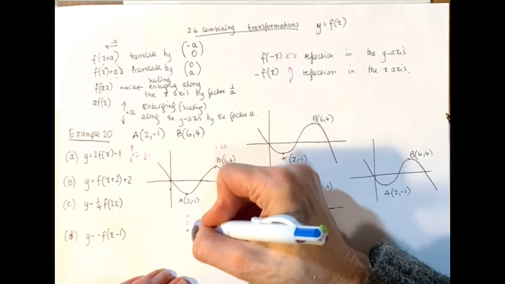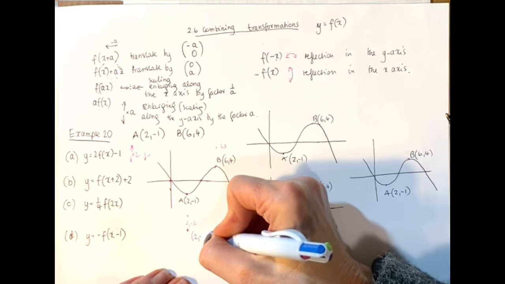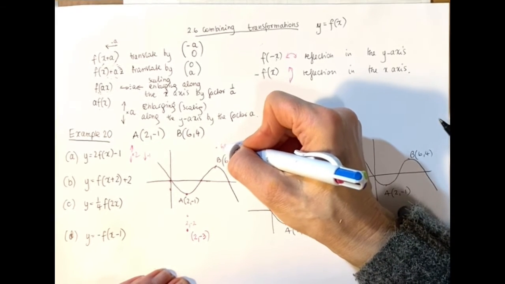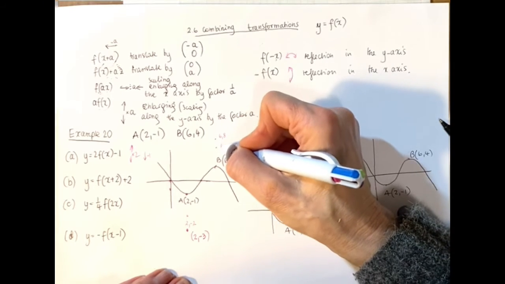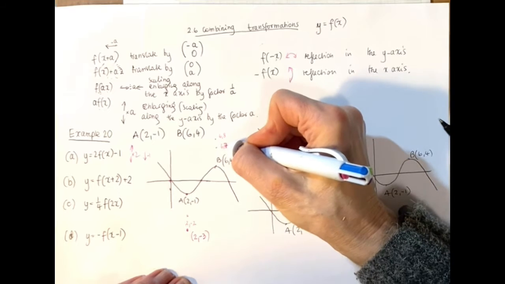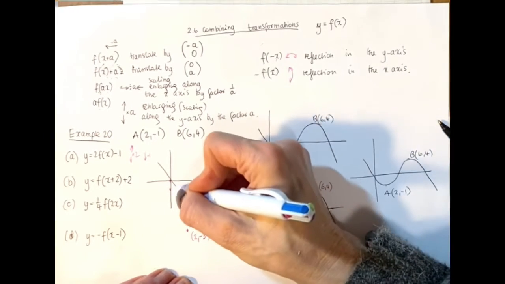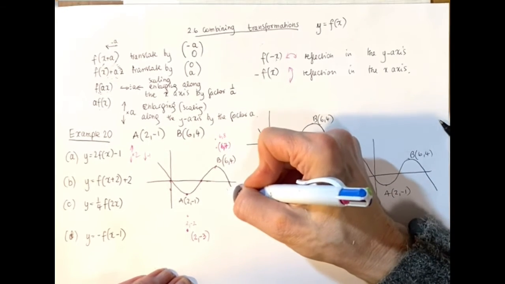This point here went from 2, minus 2, now it will go to 2, minus 3. And this point used to be at 6, 8, now it's moved. So let's say 6, 8 was actually here. It's gone down to 6, 7. Okay, now anything on the x-axis will go 1 down. There you go.